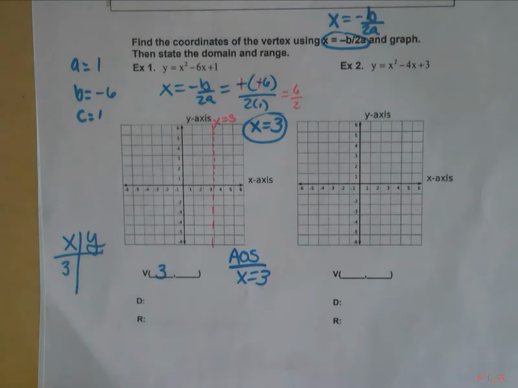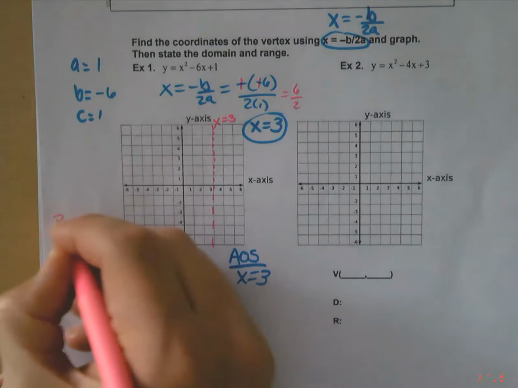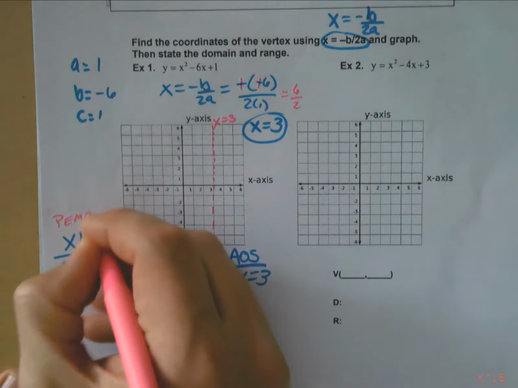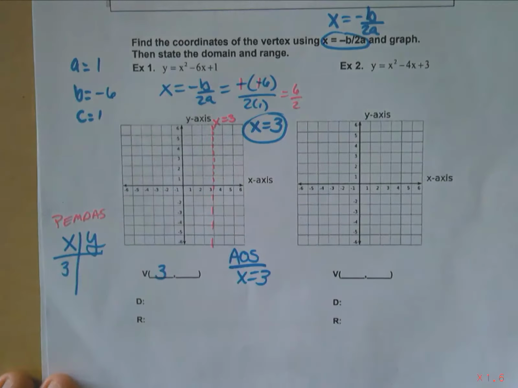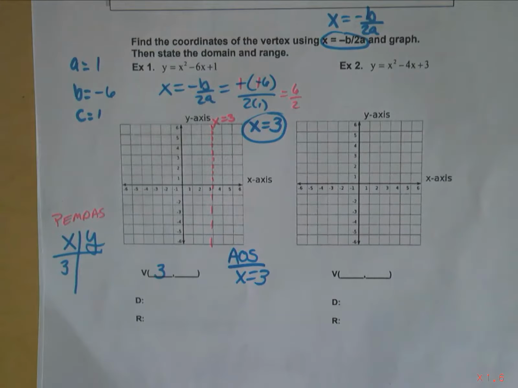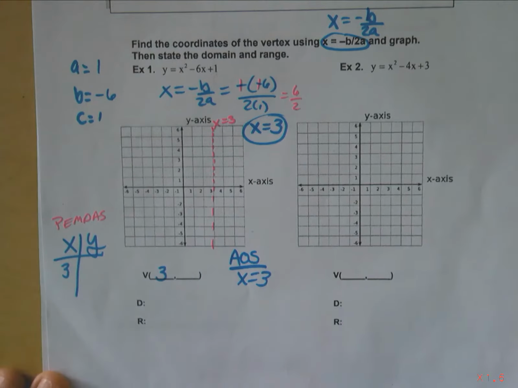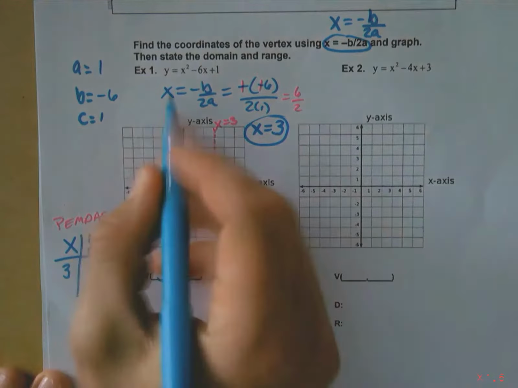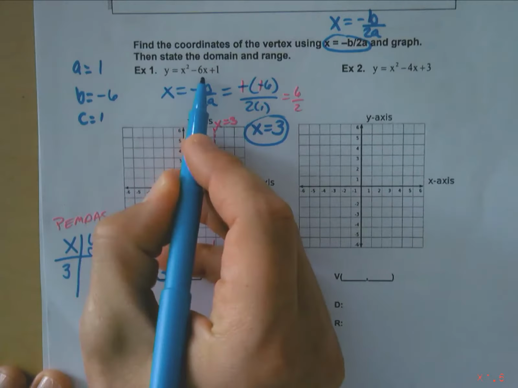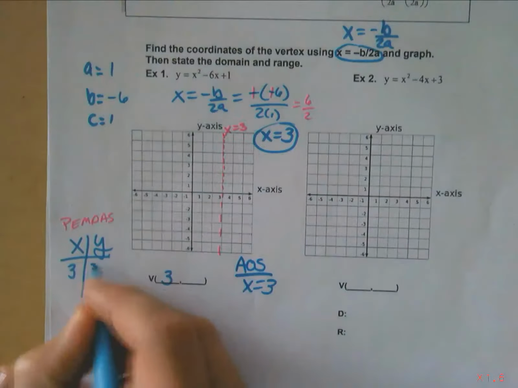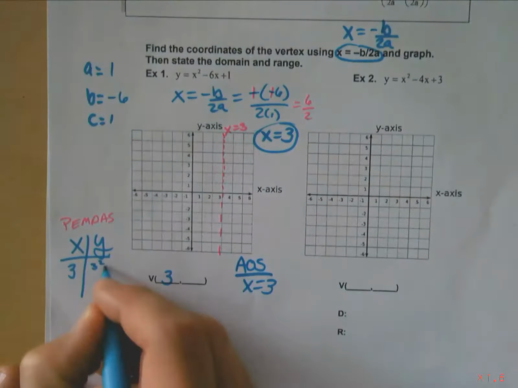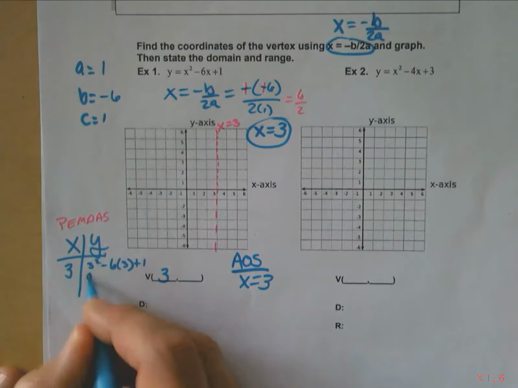And when you're plugging in, please excuse my dear Aunt Sally, or whatever your aunt's name is that has an S. So I'm going to go ahead and plug in 3 anywhere that I see an x. So I've got 3 squared minus 6 times 3, and then plus 1. All right, so that's what? 3 squared is 9.